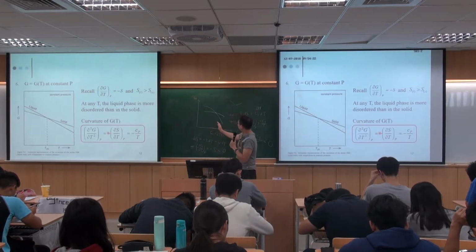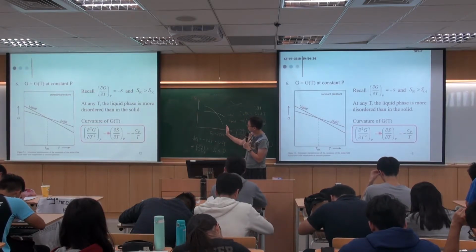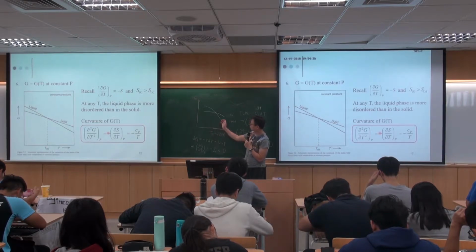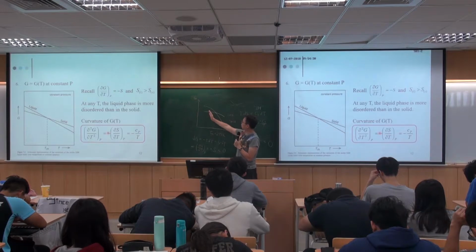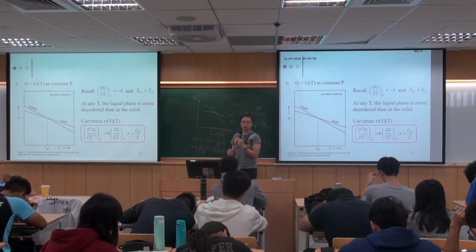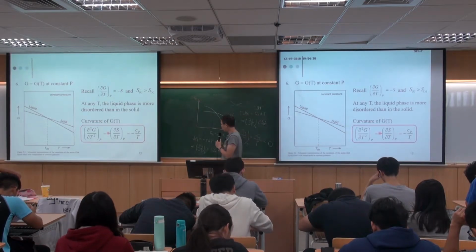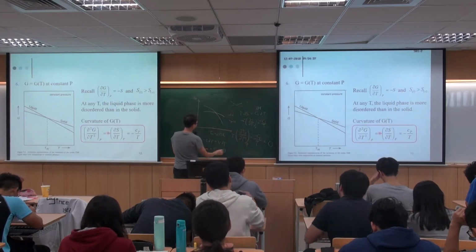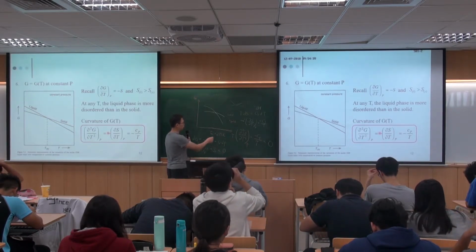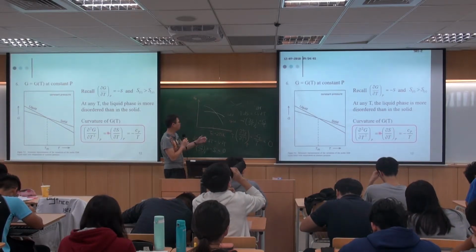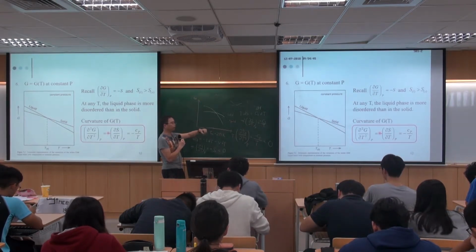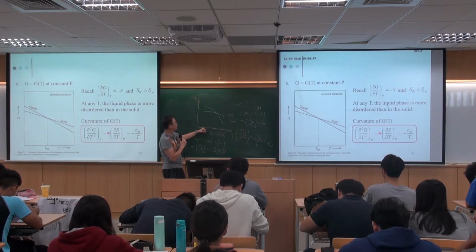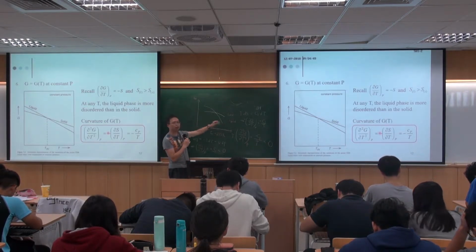We only discussed the temperature above the melting temperature previously. But if you look at the condition below the melting temperature, it's also very straightforward. When the temperature is below 273 Kelvin, or below the melting temperature, we know that the system, at least if you're dealing with H2O, will tend to become just solid.